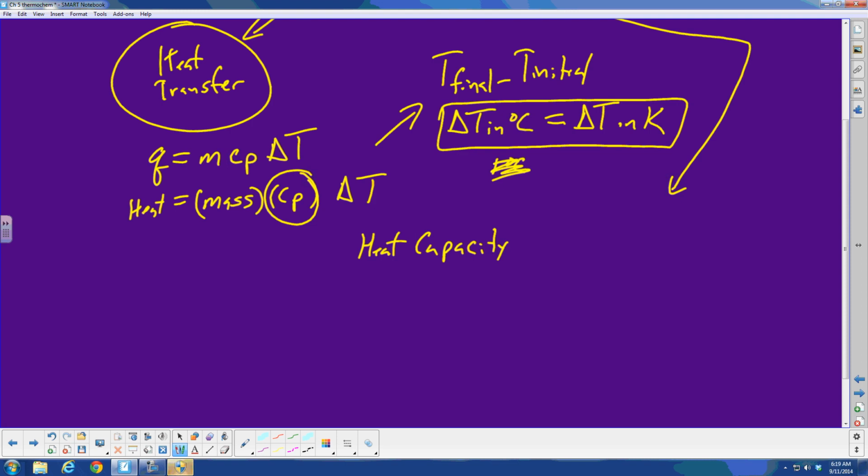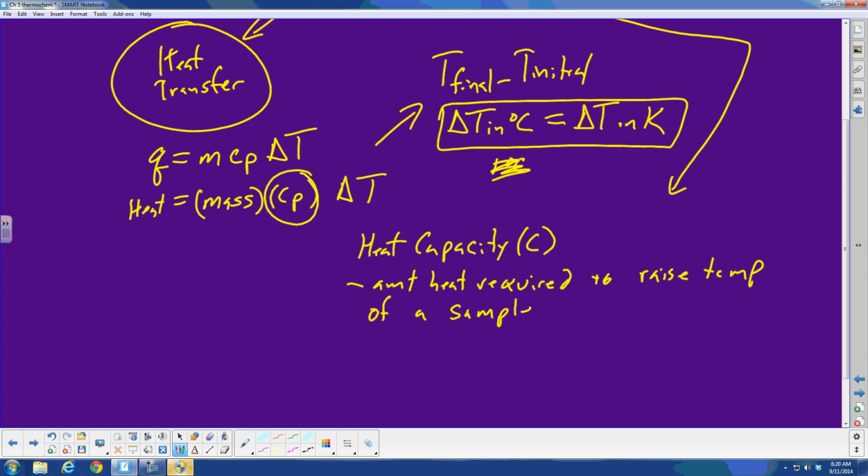It's C. It is the amount of heat required to raise the temp of a sample, any sample of a substance, 1 degree Celsius. Good. Now, these units are usually joules per degree Celsius or joules per degree Kelvin.